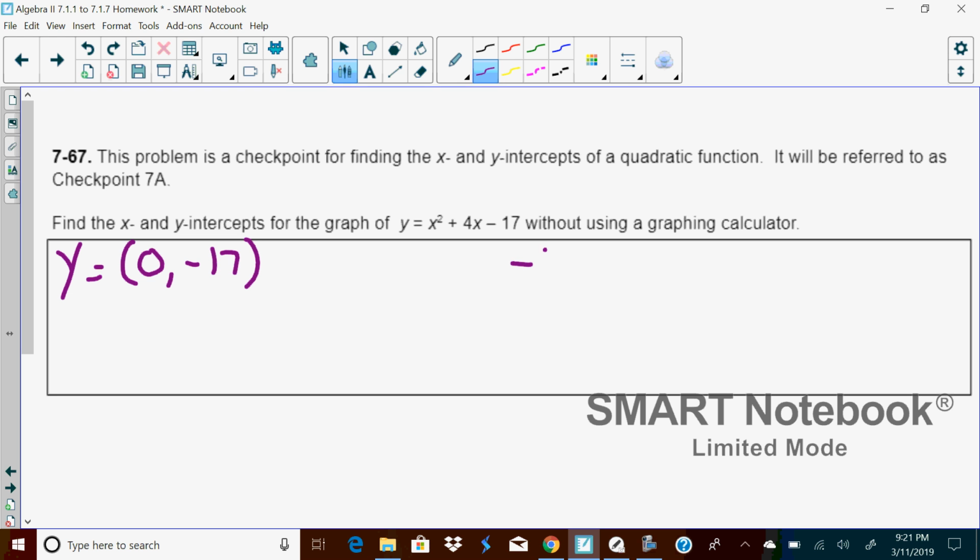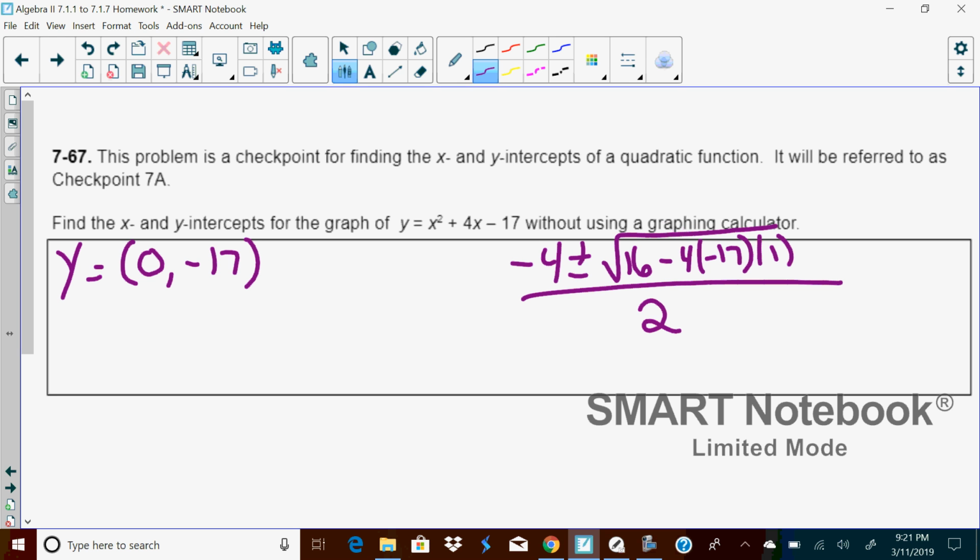So I'm going to get negative 4 plus or minus the square root of 16 minus 4 times negative 17 times 1, divided by 2. So I get negative 4 plus or minus the square root of 16 plus 68, which is 84.